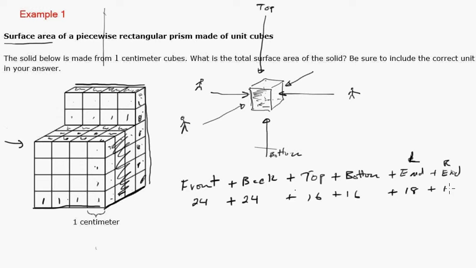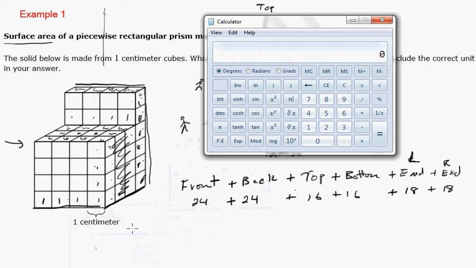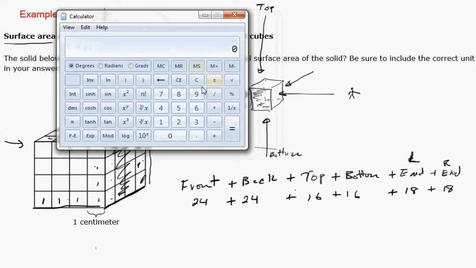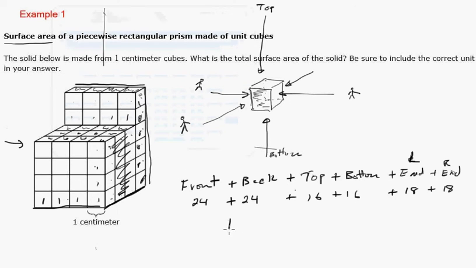I'd see 18. So I'm just going to get the calculator to do the dirty work here. 24 plus 24 plus 16 plus 16 plus 18 plus 18 equals 116 centimeters squared. So that's how many squares for the surface.